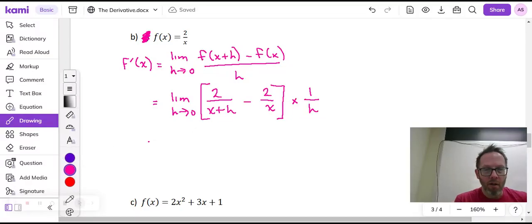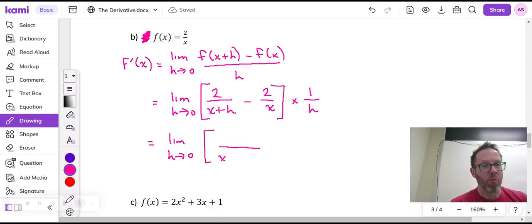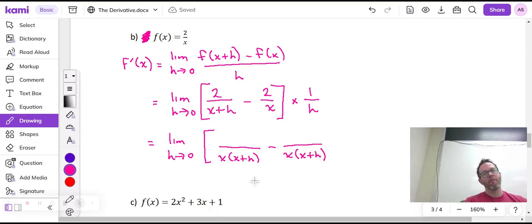So let's forge ahead. Just like when you were in grade school and you were looking for common denominators, one way to get a common denominator that works every time is to just multiply the denominators together. So we're going to do that here. We're going to write each of these rational expressions as a fraction with a denominator of x times x plus h.